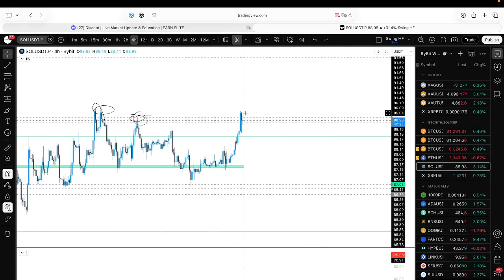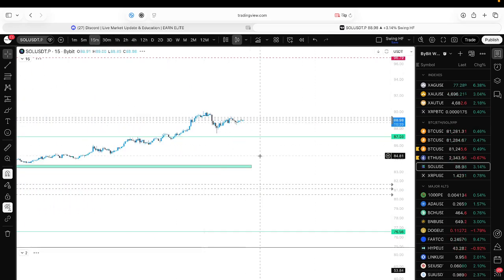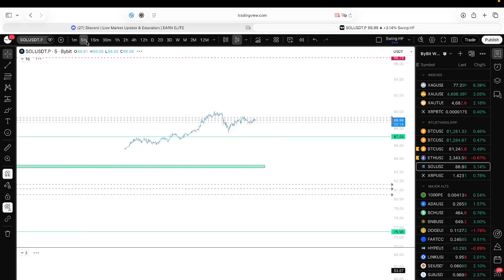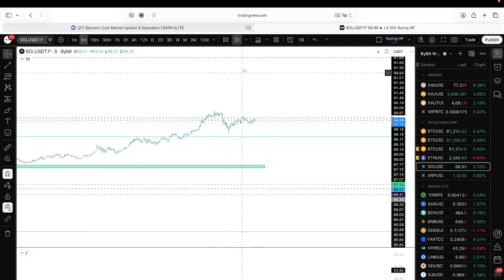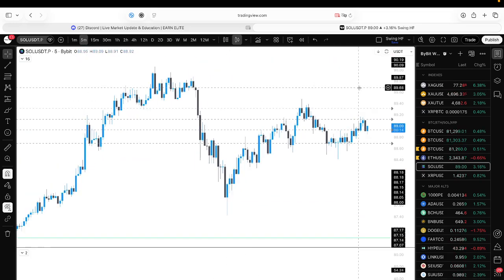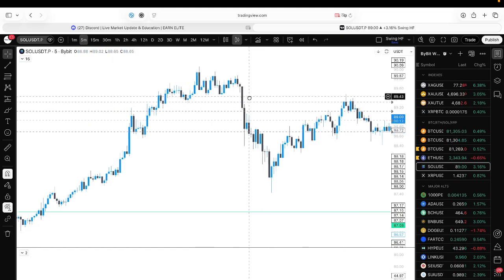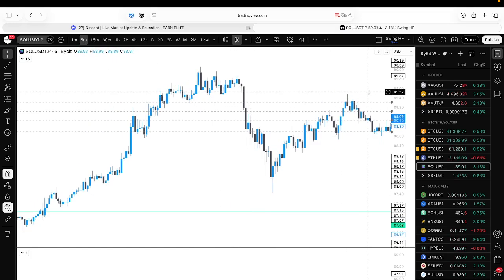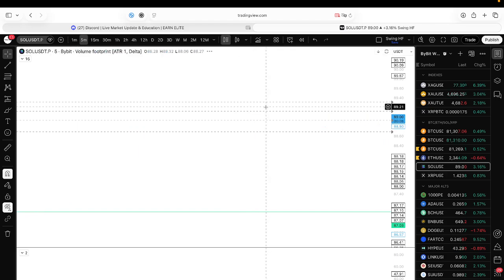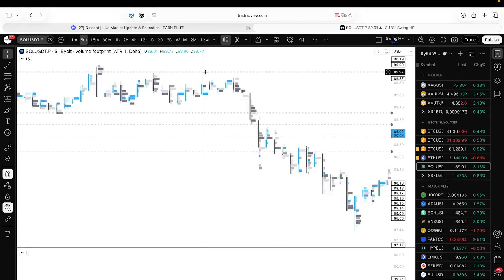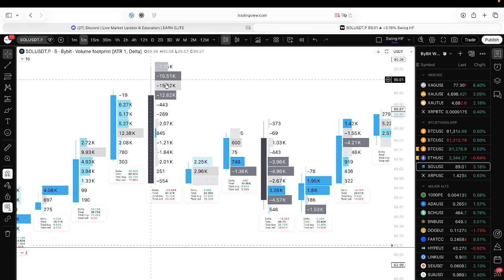For example, here we can maybe play with the 15 or the 5 for the SFP strategy, the one with the absorption. So the one that you can go on other platforms like MMT, and you can see the footprint. I don't like the one from TradingView, but you can go on the footprint and see maybe the absorption you have on the delta on the candles.